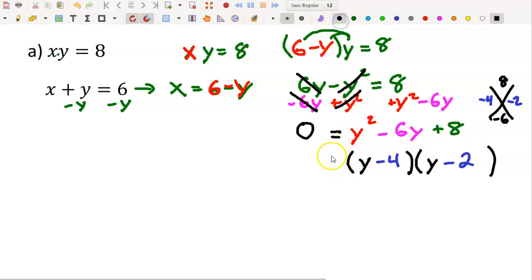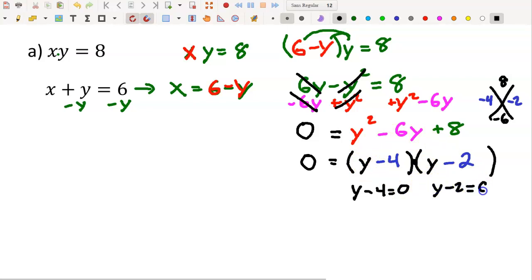And it's really important that these equal 0. The question comes up, well, why does it have to be equal to 0? How come not 1 or 2, whatever? It's because at this point, we can use a property called the zero property of multiplication, because to get an answer of 0, either this number, y minus 4, has to equal 0, or the other number has to equal 0, because the only way to get 0 is to multiply by 0.